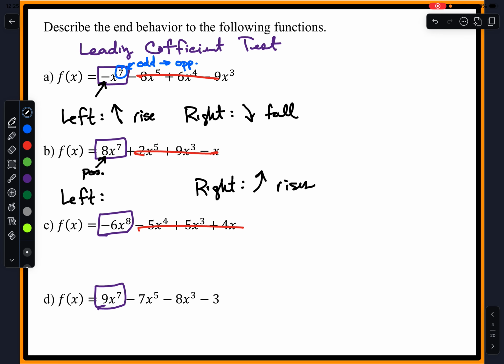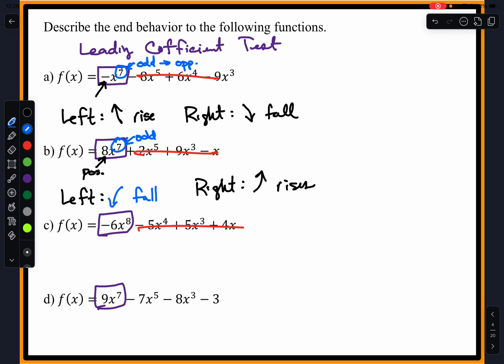And how's the left side going to move? Well, because this degree is an odd number, it could have been 5, 3, or 9, but as long as it's odd, the left side is going to move in the opposite direction of the right. So since the right is moving up, the left is going to move down, and we say that it falls.